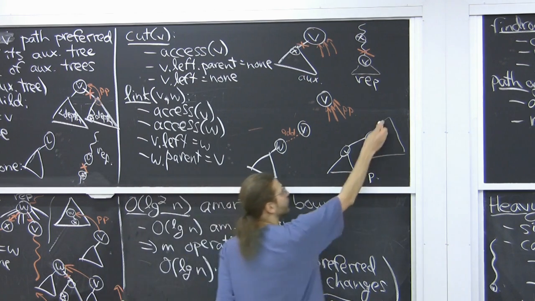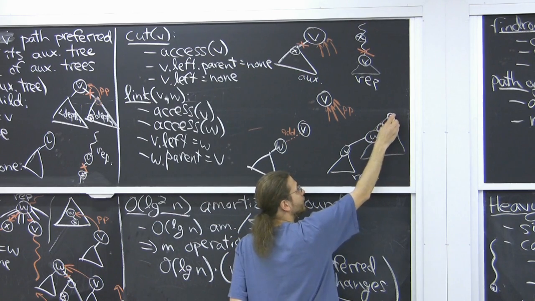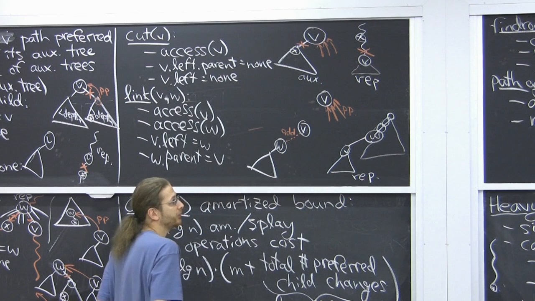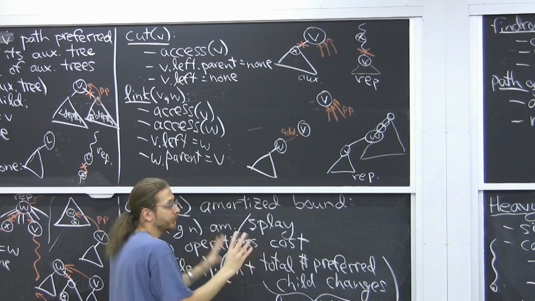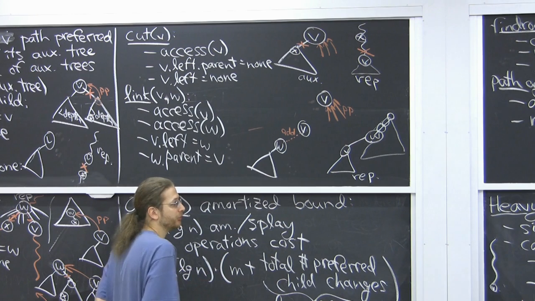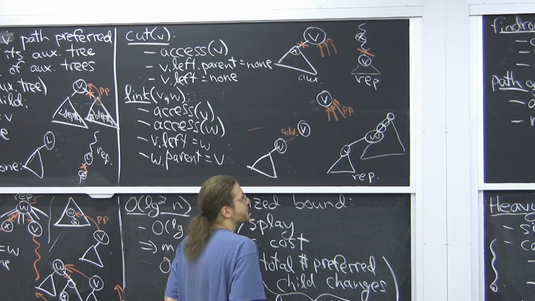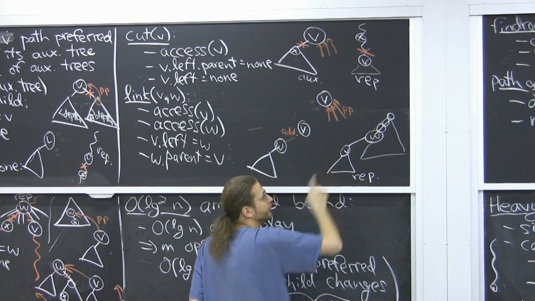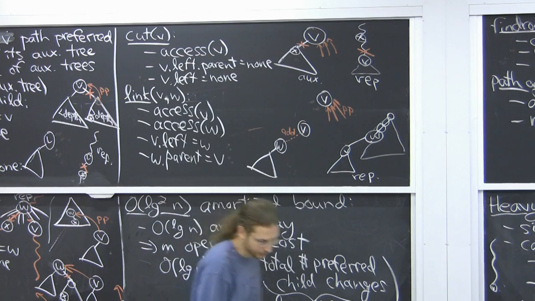I guess also this gets heavier. All the nodes on this root to W path get heavier. That's all that happens in terms of heavy, light. Preferred paths don't change, just about heavy and light changing. In fact, this will be a preferred path from the root to V, because we just accessed those guys.